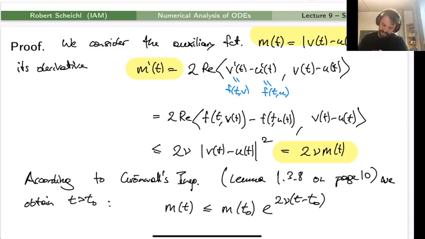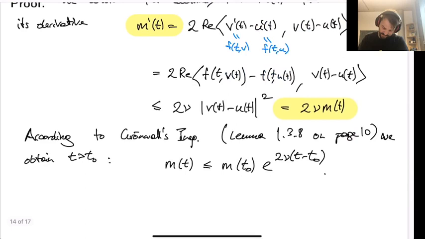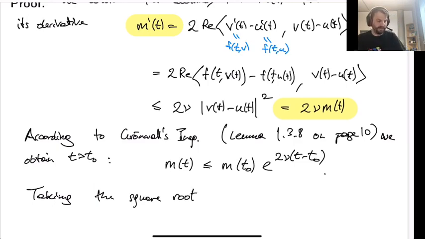And then finally taking the square root yields the stability estimate.